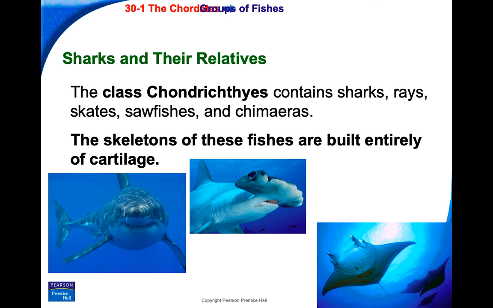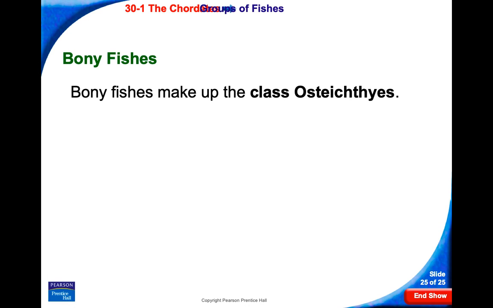They don't have bony skeletons like we do. There's a wide variety of organisms in this class. Sharks, rays, skates, which look similar to these, sawfish, and chimeras are all different types of sharks and their relatives. And they all have cartilage as their main skeleton.